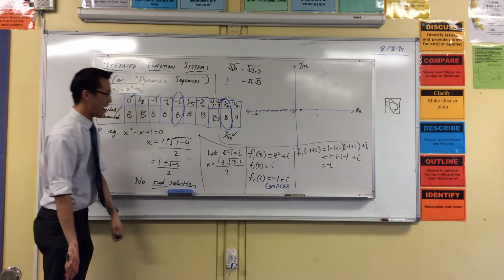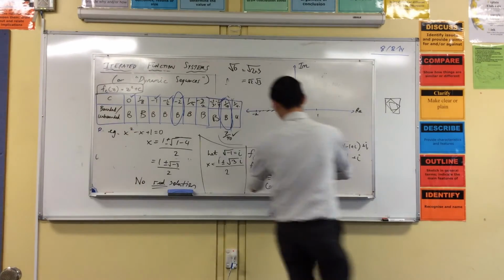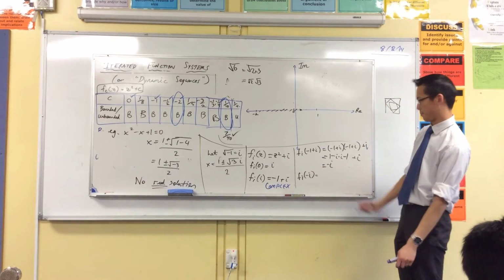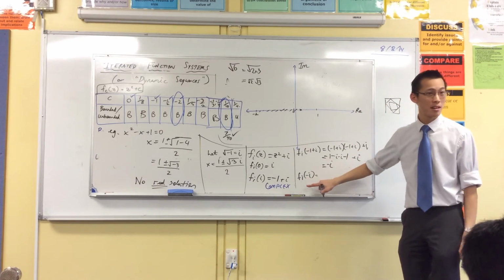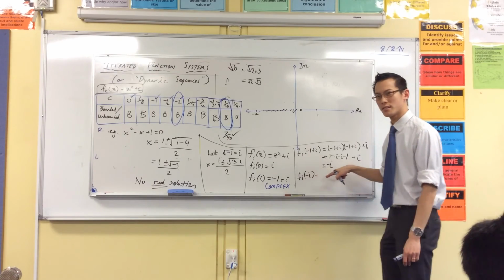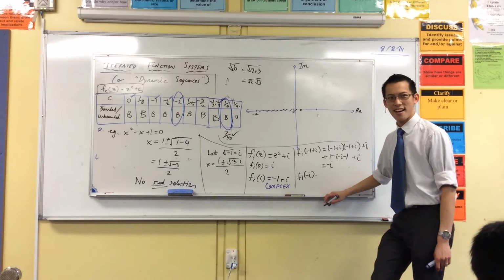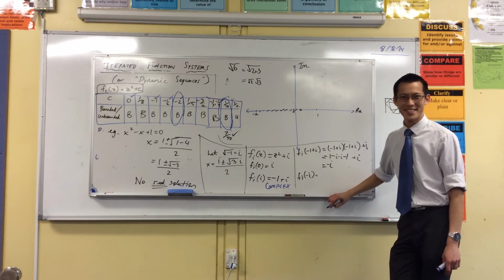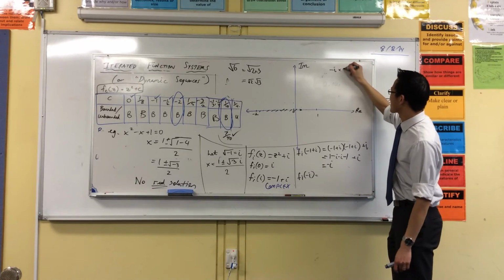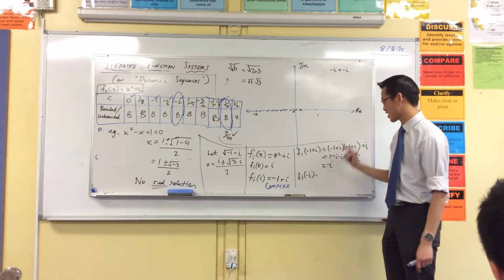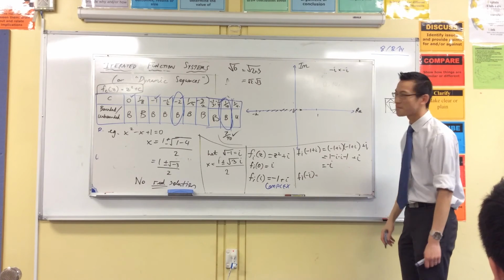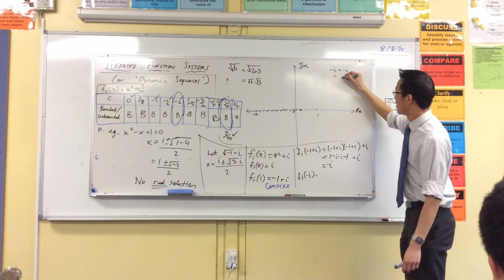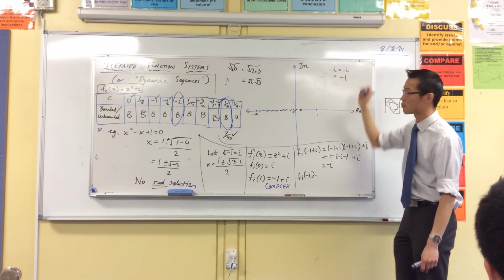Where am I up to? I'm going to do f of negative i. What happens when I square it? That's negative i times negative i. The negatives cancel to positive, which gives me i squared, which is negative 1.